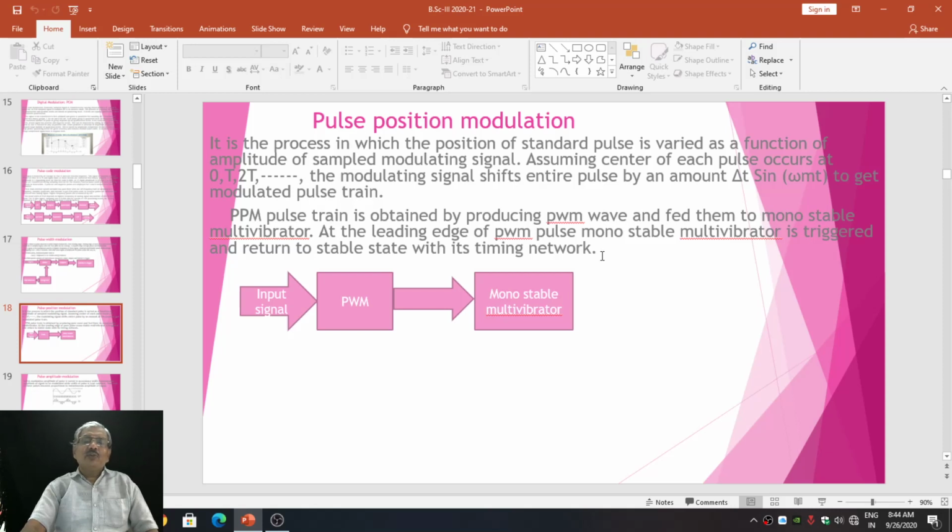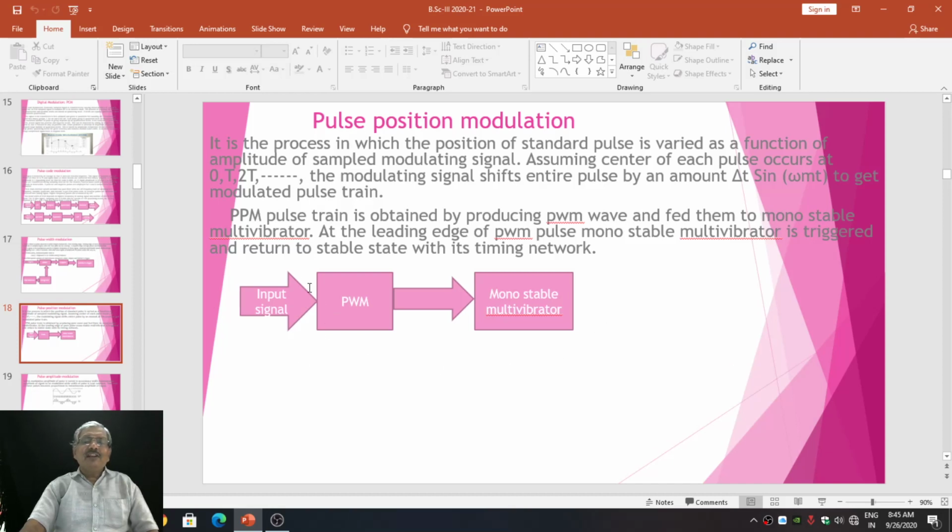That means we are well aware of both circuits. In yesterday's lecture we studied pulse width modulation. So the combination of pulse width modulation along with the monostable multivibrator forms the pulse position modulation circuit.